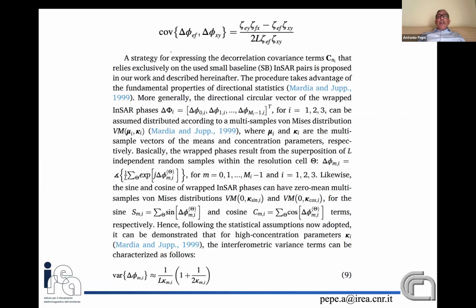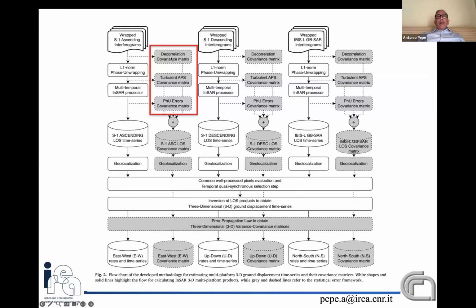And this is additional information about the statistical characterization of the interferograms and of the 3D deformation we obtain. I would like to spend only a few words here. Actually, we have different sources of noise. The first source of noise is related to decorrelation. Then we have a source of noise related to the atmospheric components.